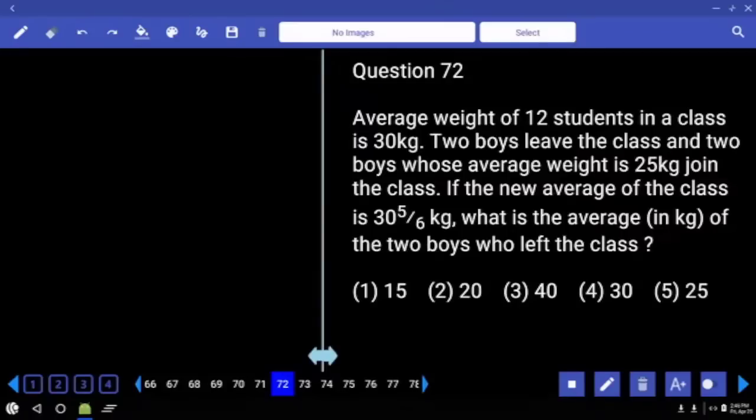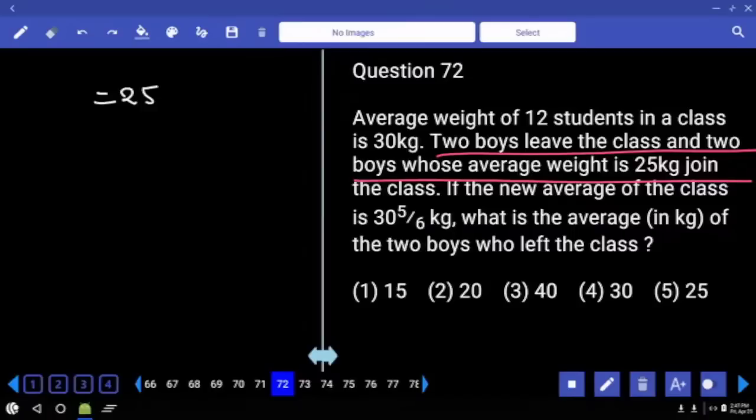We were also given some information: 2 boys leave the class and 2 boys whose average weight is 25 kgs join. So the new people's average is given. Now we were asked to calculate the average of the 2 old people who left. If the old people's average and new people's average were the same, would there be any change in the average?